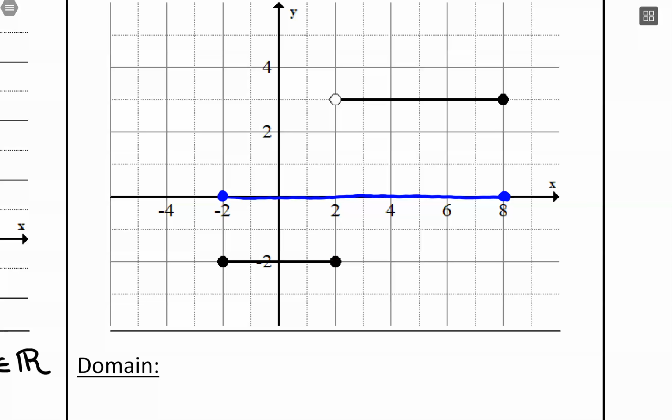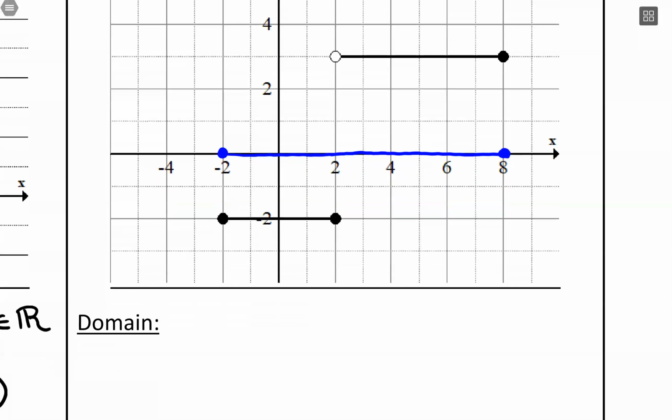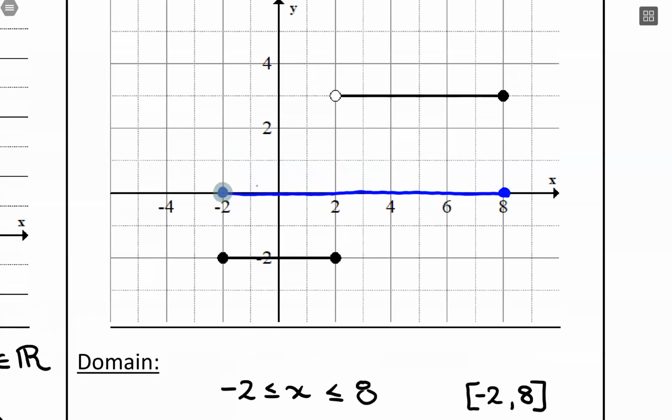All right, so for domain, we're starting at -2 is less than or equal to x is less than or equal to +8, or square bracket -2, +8 square bracket. All right, for y, we're going to see nothing, and then we're defined at -2, but then nothing.